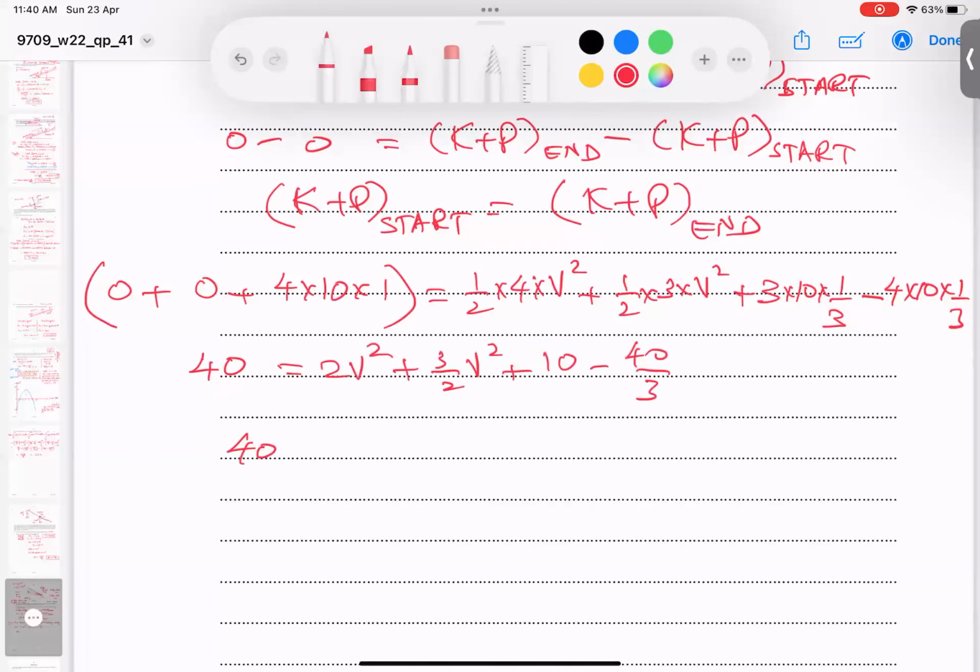Now 40 plus 40/3 minus 10, and 2 plus 3/2 is 7/2 V square. So I'm typing in the calculator 40 plus 40/3 minus 10, divided by 3.5, and taking the root of the whole. And the answer is coming out as 2.